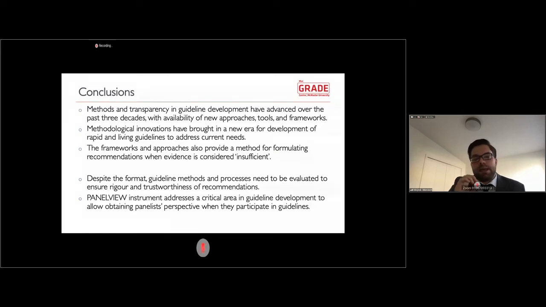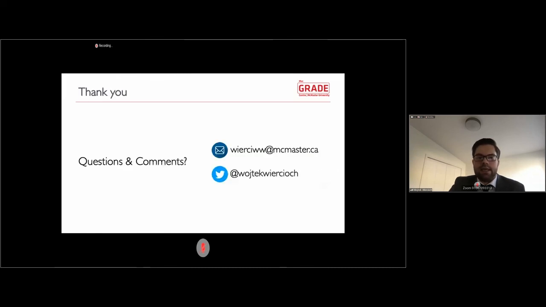And despite the format of a guideline, its methods and processes need to be evaluated to ensure rigor and trustworthiness of recommendations. And for this, we developed the panel view instrument to address the critical area in guideline development to obtain panelists' perspectives when they participate in guidelines. And I'll wrap up there.